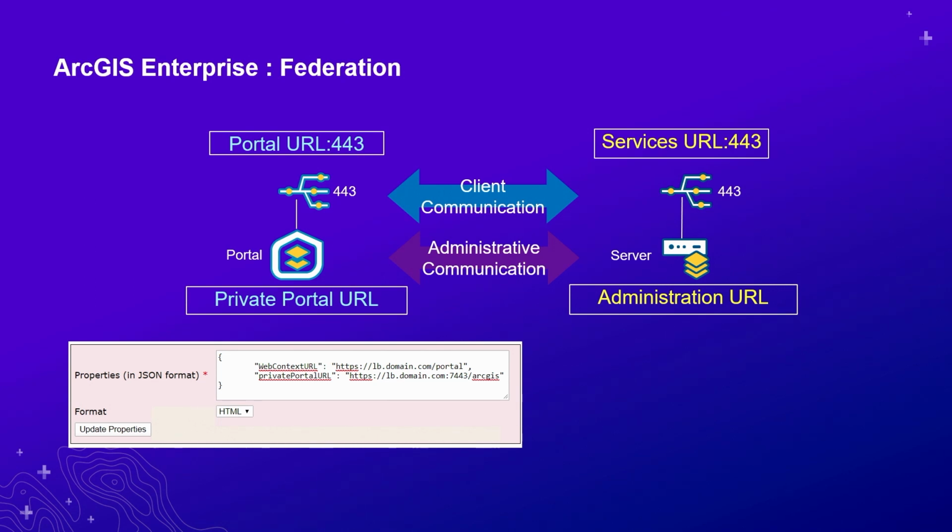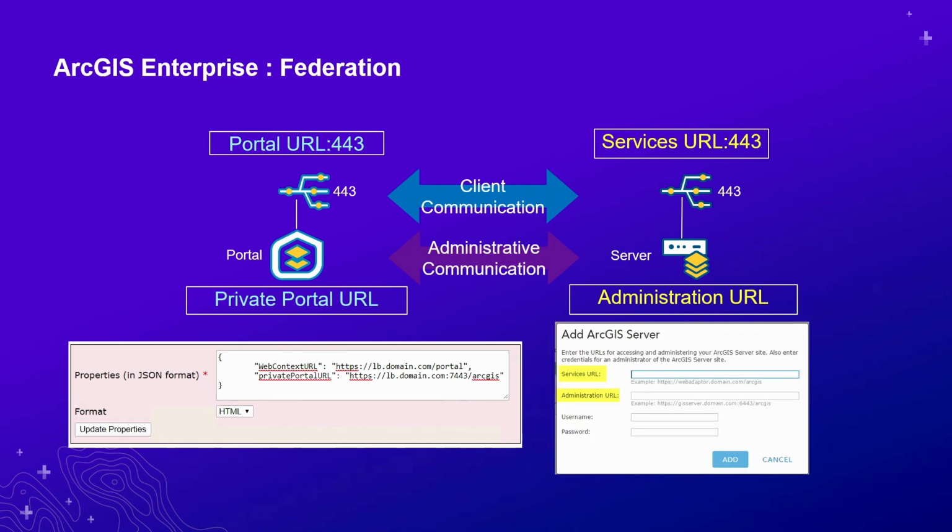So it ensures that that communication between server and portal is traveling through some redundant means. When you're federating portal and server, the administration URL should also be something that goes through a load balancer. And again, this ensures that portal can still talk to the machines in the server site, even if one or more of them are down.